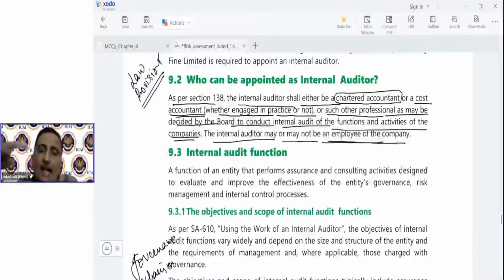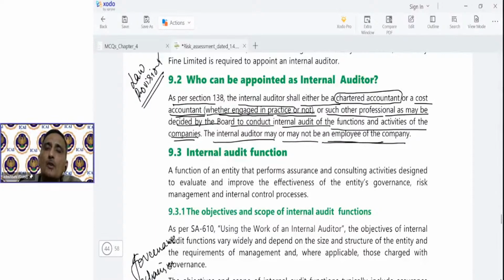Now, any other professional as may be found suitable by the board, who could justify his carrying out the function of the internal auditor of the company. It is also written that the internal auditor may be engaged in practice or not.